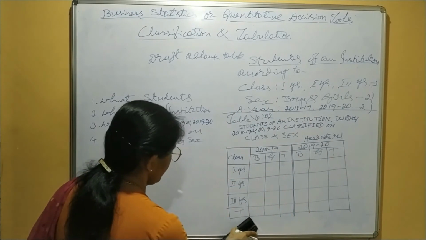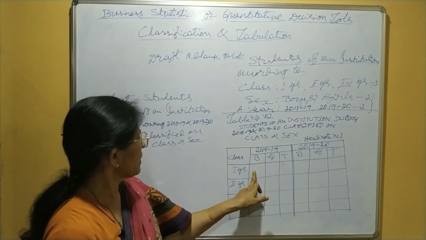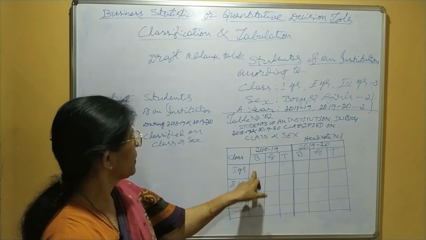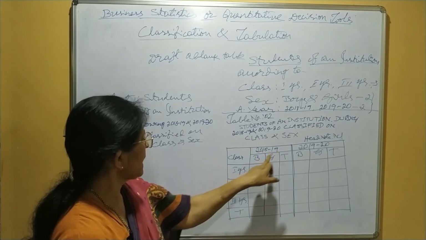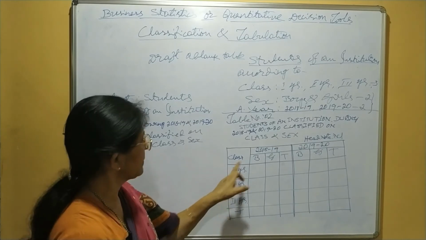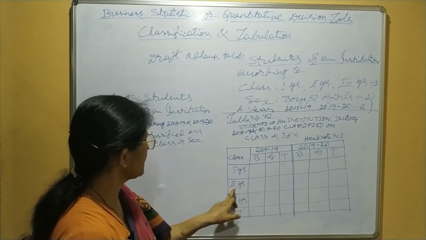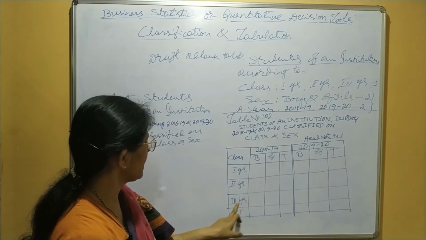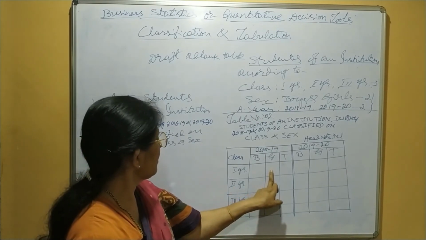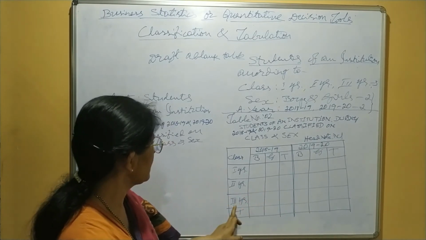Now here, this cell denotes in 2018-19 number of boys in first year, number of boys in second year, number of boys in third year, number of girls in first year, second year, and third year.